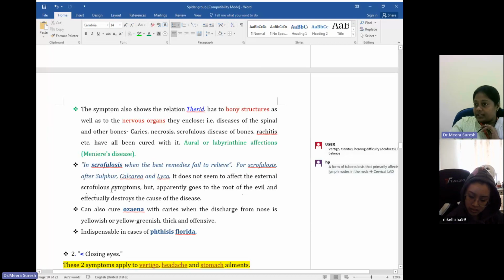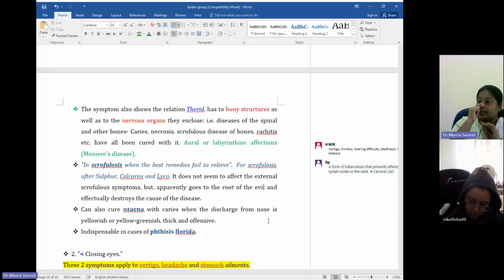And because of this scrofulous action or the bone destruction, this can also be a good remedy for ozena, whether there is an abscess or the nasal bone being destroyed, or its necrosis. So this is a good remedy for ozena.